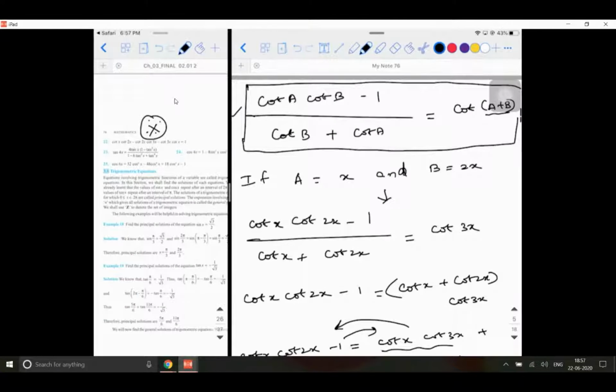Does everyone understand? So you need not sit and solve the whole thing. I showed it only for your understanding. So we need to just substitute the values x and 2x. That's it.